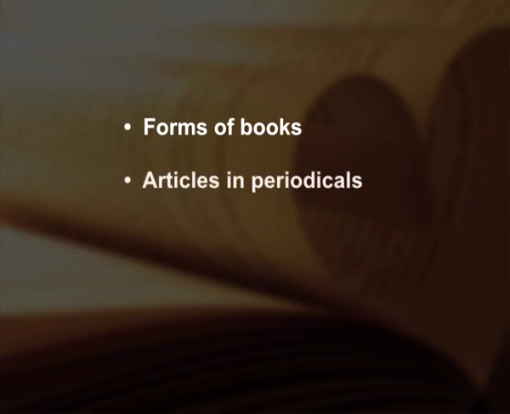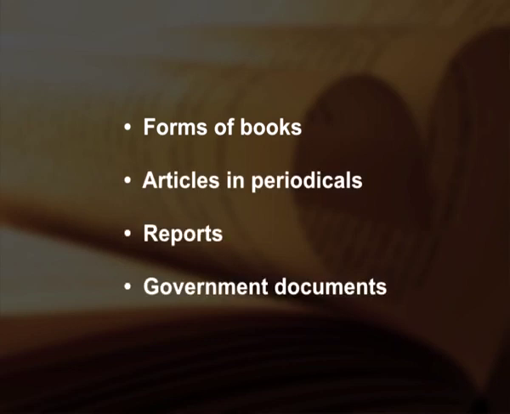It published material in English in forms of books, articles in periodicals, reports, government documents, etc. It covers materials from many Asian countries such as Burma, Afghanistan, Cambodia, India, Indonesia, Iran, Korea, Laos, Malaysia, Nepal, Pakistan, Philippines, Singapore, Sri Lanka, Taiwan, Thailand and Vietnam.